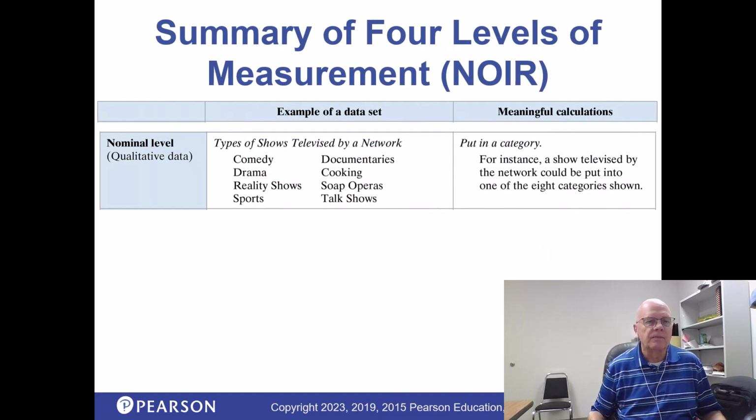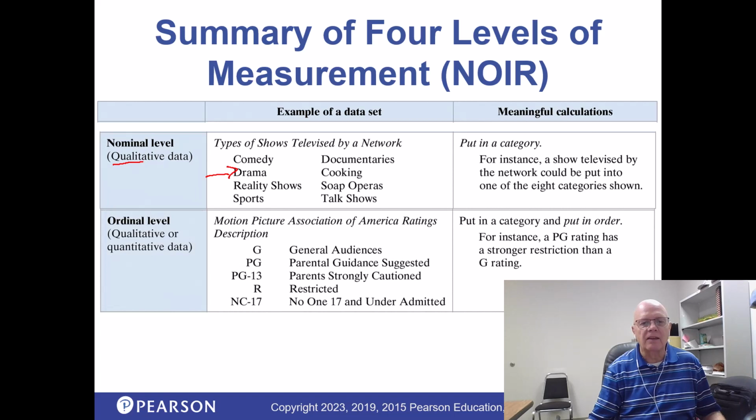Ordinal. You can take those ratings and put them in order from ones that's most restrictive to least restrictive, or vice versa. So there is an order, because PG has a stronger restriction than a G rating. Everyone can watch the G-rated movie.